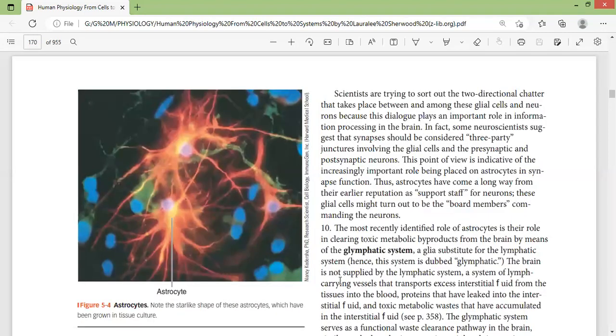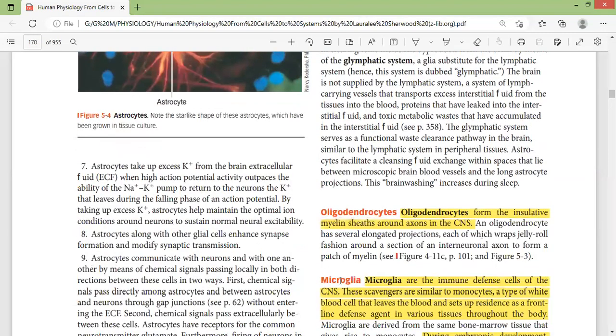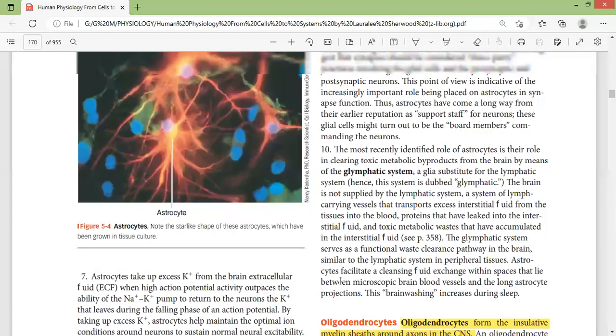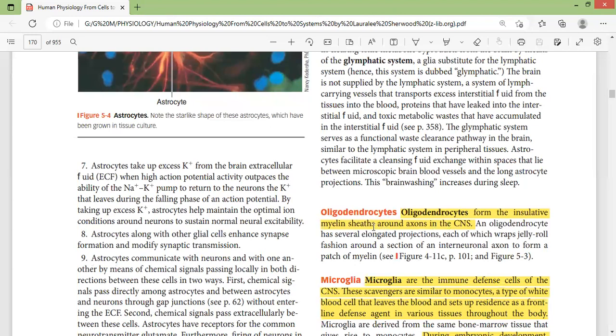Then the other type of glial cells, we have the oligodendrocytes. This one will form the myelin sheath around the axons in the CNS. I can see someone mention the Schwann cells. The Schwann cells are the oligodendrocytes of the PNS.